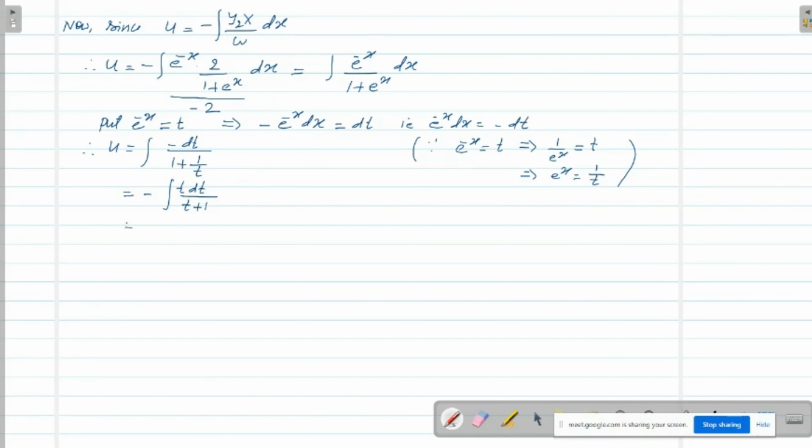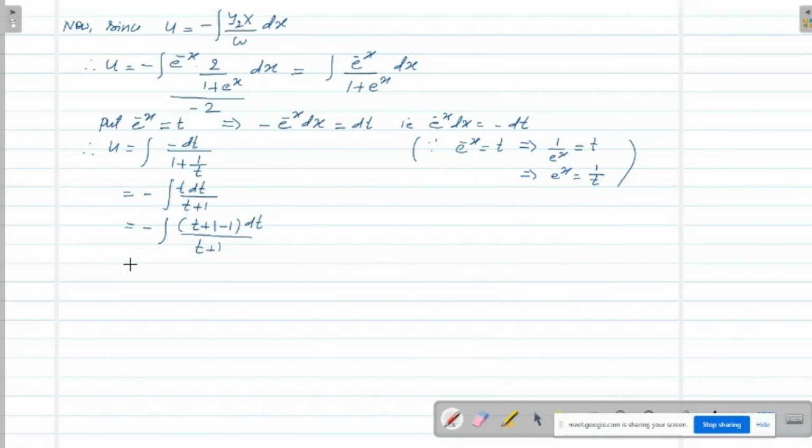So this can be written as minus integration of t upon t plus 1. Now we have to do some adjustment. We write here t, plus 1 and minus 1. Is there any change in the numerator? No, because I'm adding 1 and subtracting 1.